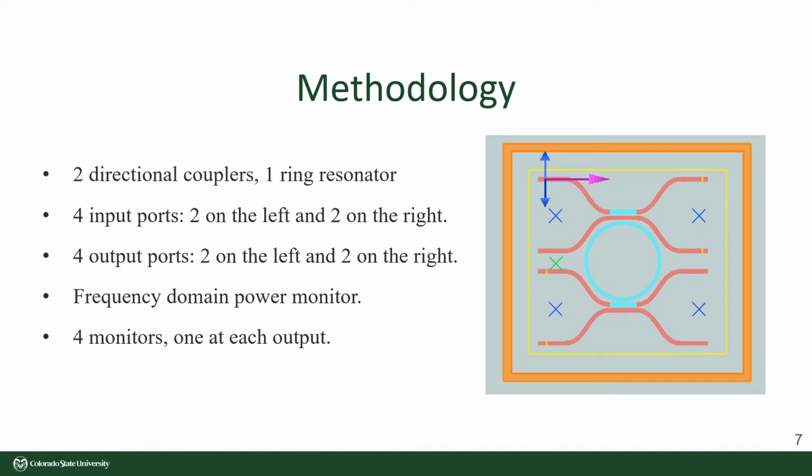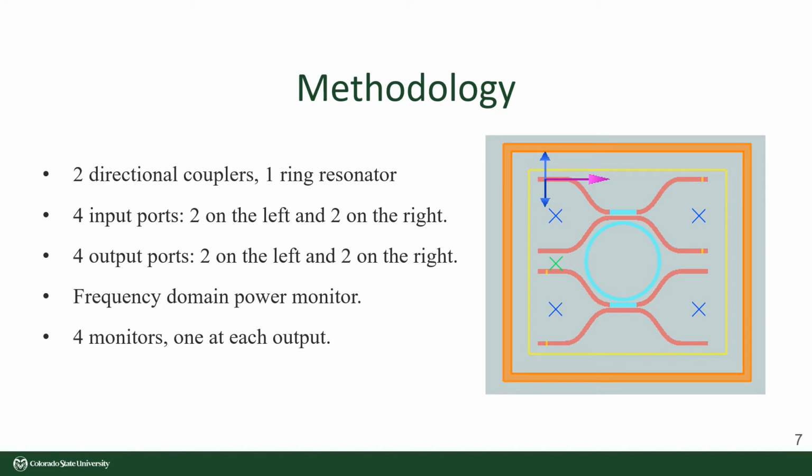We can see the design of the optical switching network on the right side of the presentation. We have used 2 directional couplers and a ring resonator in this design. There are 4 input ports, 2 on the left and 2 on the right. And there are 4 output ports, 2 on the left and 2 on the right. These input and output ports will be numbered and shown in the future slides.